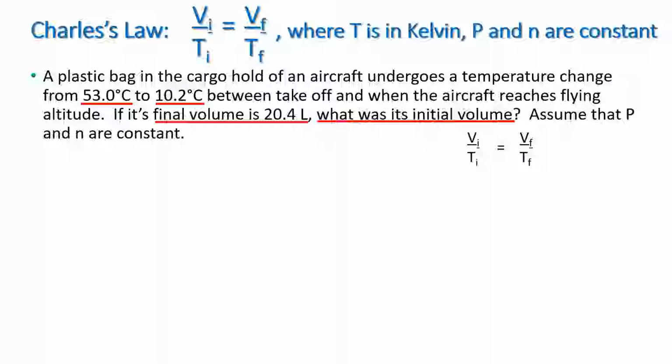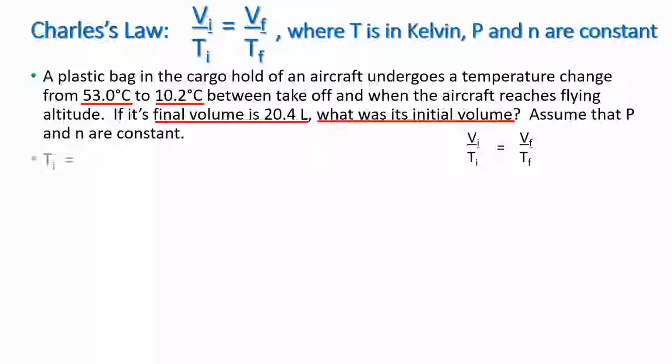Now, we also have to accurately identify our variables in order to set the equation up to solve for the unknown. And the variables for Charles's law are initial volume over initial temperature, and we write that as a capital V with a subscript I standing for initial, over a capital T with a subscript I. And that's equal to our final volume over final temperature, which we write as a capital V with a subscript F, F standing for final, and that's over a capital T with a subscript F as well.